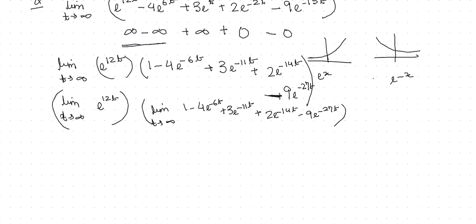So this will give us infinity, and this will give us 1, and all these are 0, we can see from here.